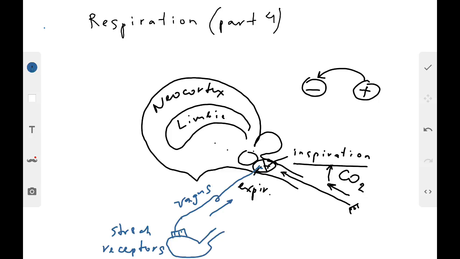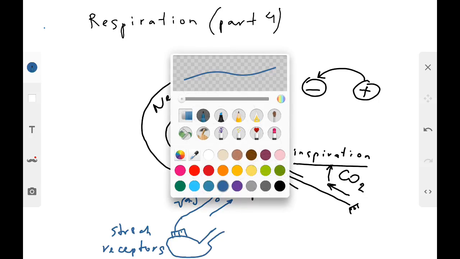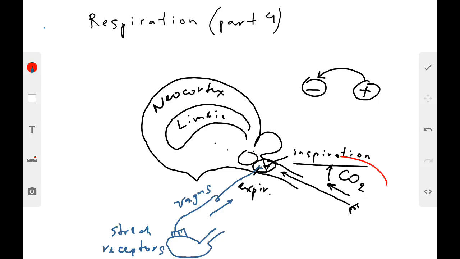But during the delivery, the oxygen supply stops and carbon dioxide accumulates in the blood of a newborn child. And this carbon dioxide stimulates chemoreceptors, and this stimulation activates the inspiration center in medulla oblongata.